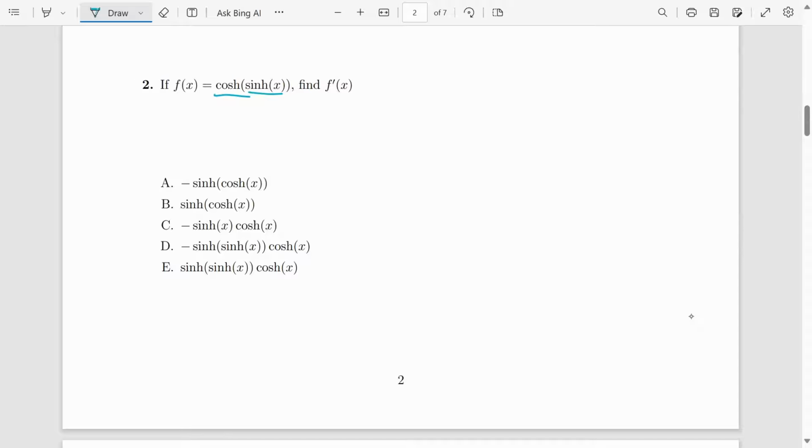And the cool thing is the derivatives of these are, they're not equal, but they are very, very similar to the derivatives of all the regular trig functions that you already learned for the exam 2 stuff. So the two that we have here, cosine and sine, so derivative of sinh of x is going to be equal to cosh of x.